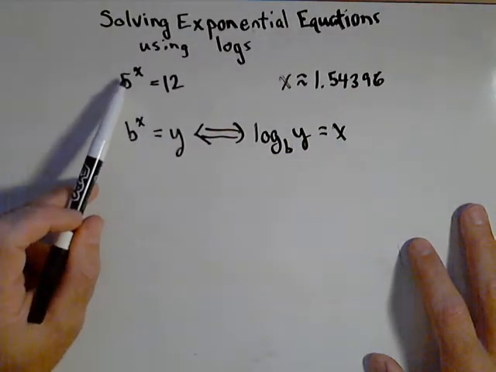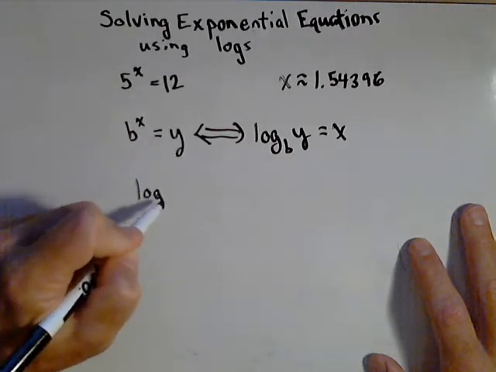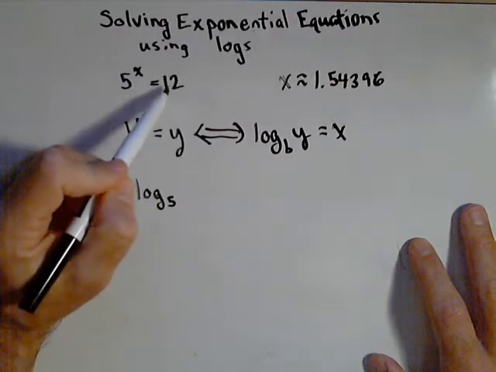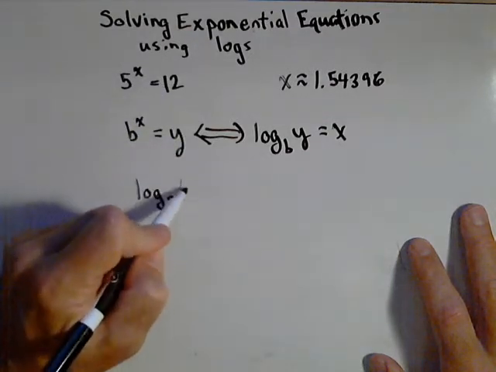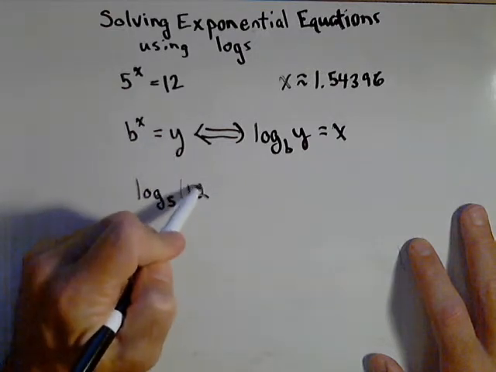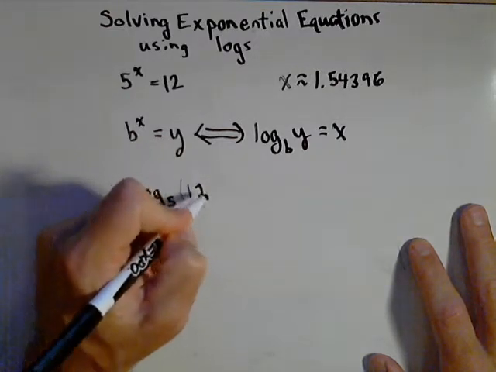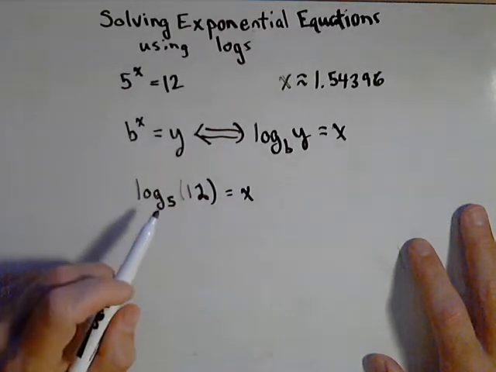We can rewrite it. We've got a base of 5, so it'll be a log base 5. We're taking that of 12 because we want to get x. So log base 5 of 12 gives us x. That's the exact answer.